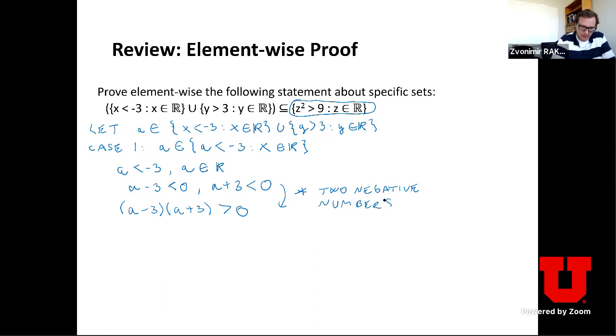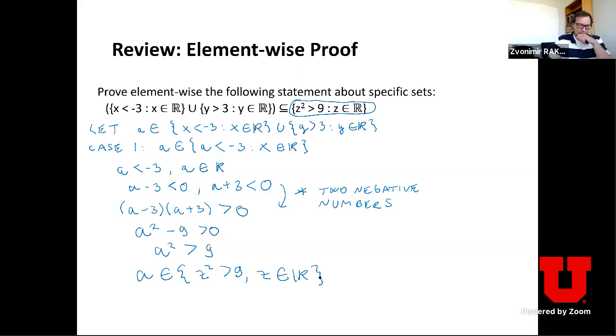Now when we multiply this out, we get that a squared minus 9 is greater than 0. And from there, we get that a squared is greater than 9. And so from here, it follows that a is an element of z squared greater than 9, where z is an element of R. So this is our case 1.